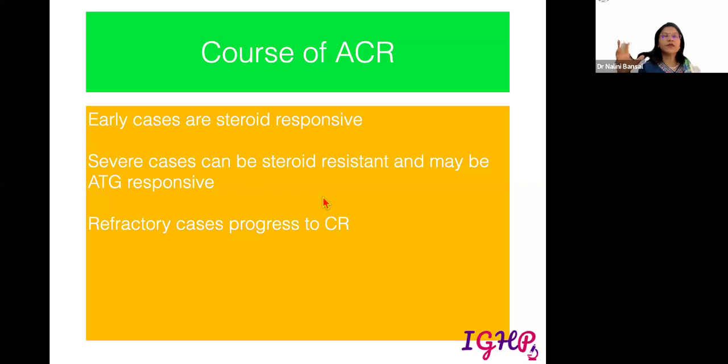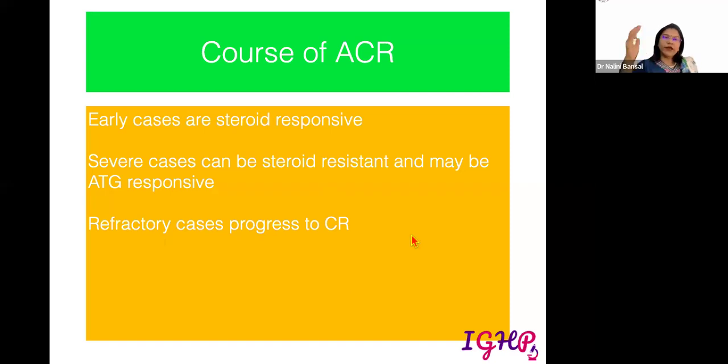So if you are getting a severe rejection, you give steroid, and they may or may not respond to steroid. Then you would require thymoglobulin, anti-thymocyte globulin could be given for them to be responsive. And even if they do not respond to these therapies, they can progress and become refractory, and then they can progress to a chronic rejection.